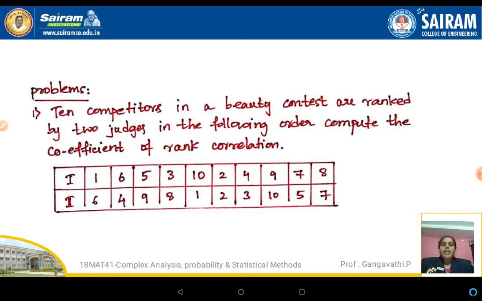The first judge has given the ranks 1, 6, 5, 3, 10, 2, 4, 9, 7, 8, and the second judge has given the ranks 6, 4, 9, 8, 1, 2, 3, 10, 5 and 7. So the 2 judges have given 10 ranks.